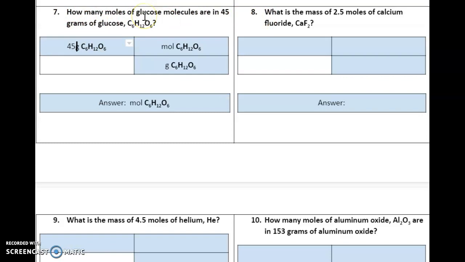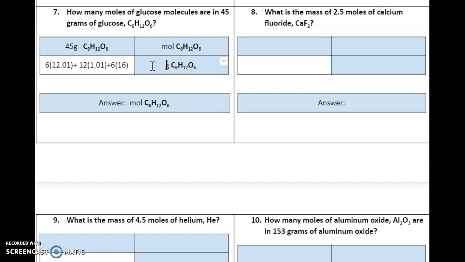For the top here, we are starting with 45 grams. Glucose is 6 carbon, 12 hydrogen, and 6 oxygen. By adding all of these together, you'll get your total molar mass for glucose.